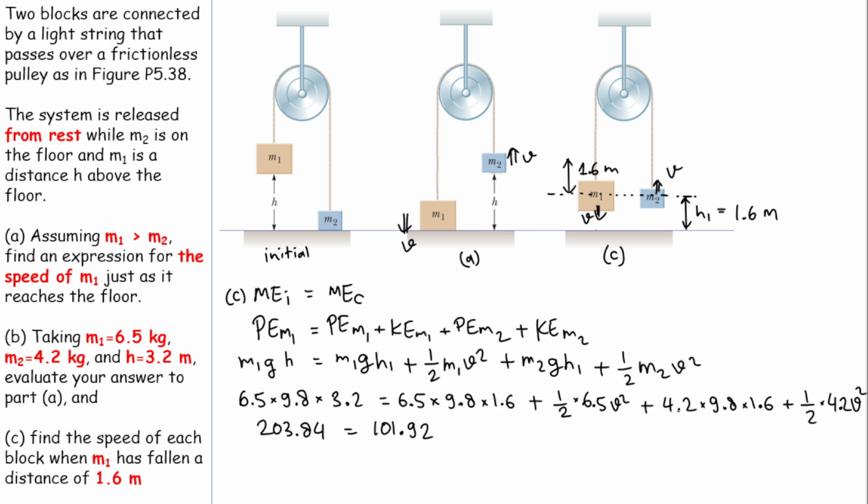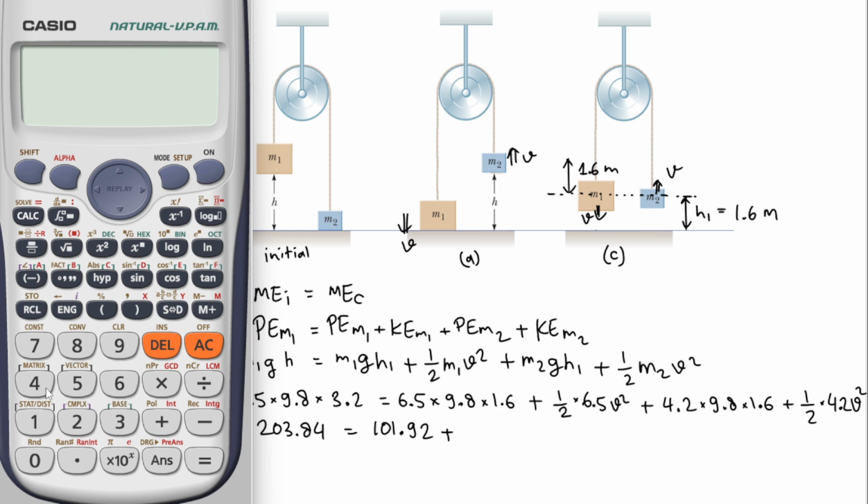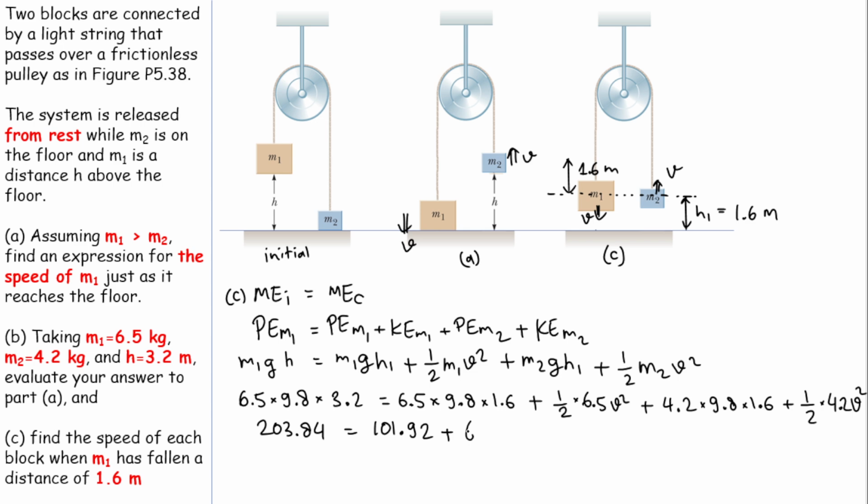Okay, and then I will calculate that first. So we'll have 4.2 times 9.8 times 1.6, and that has to be 65.86.